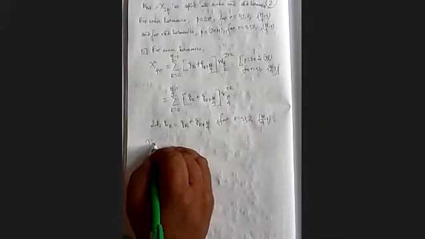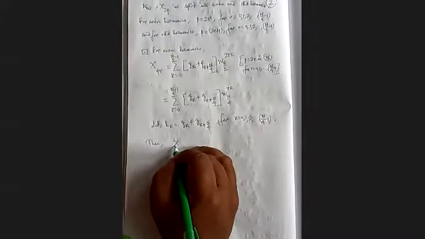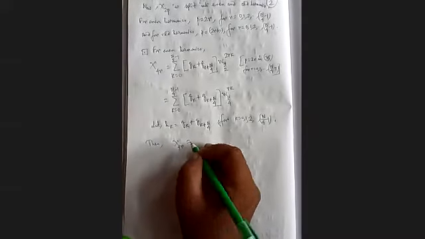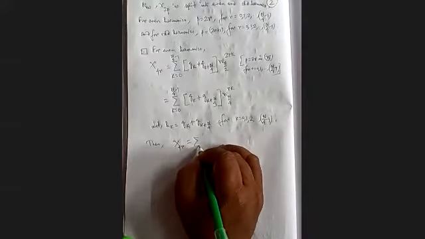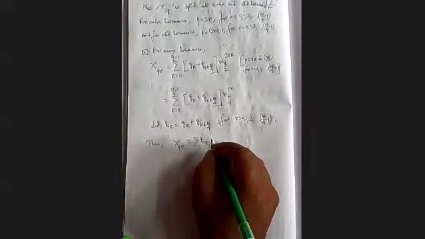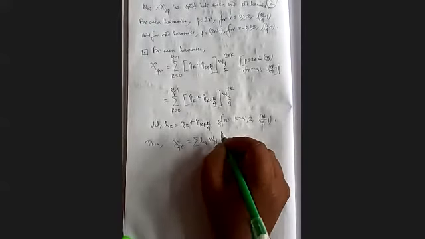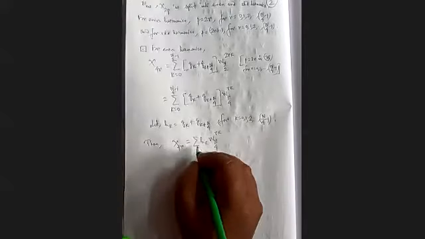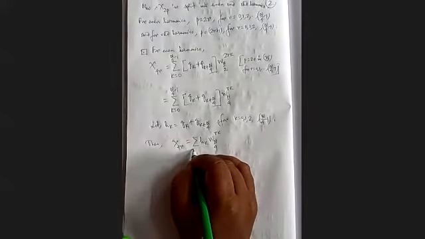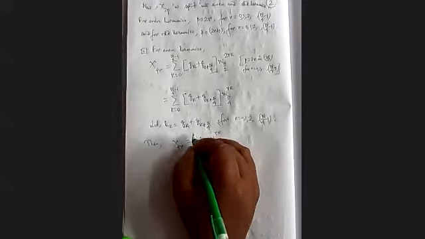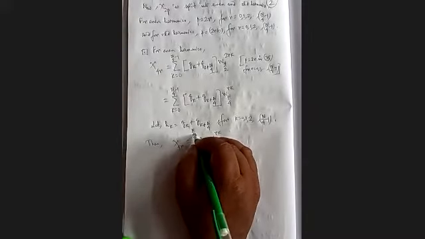Then what happens? X4R equal to summation Hk Wn by 4 to the power Rk. Here k is varying from 0 to n by 4 minus 1.